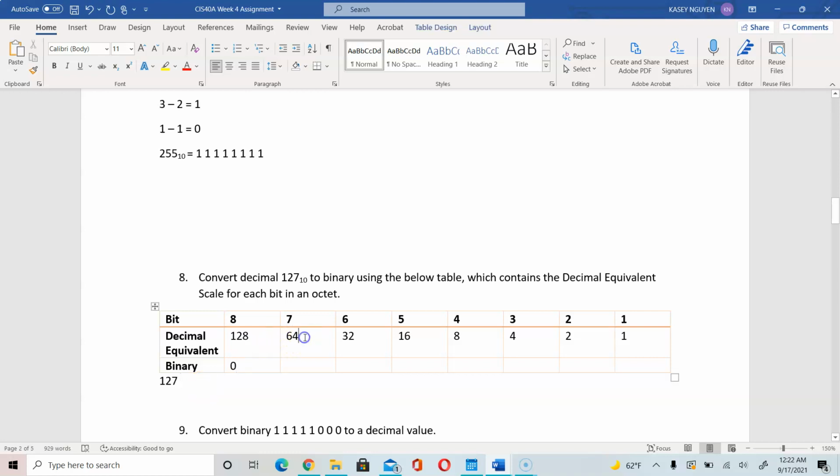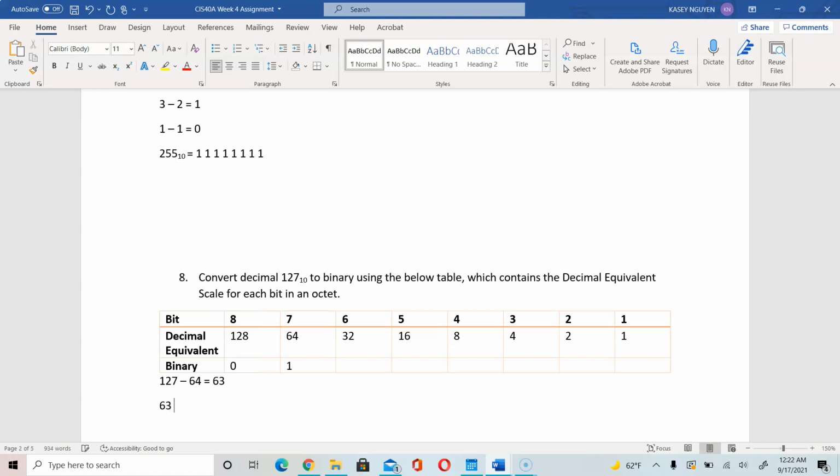The next number we can subtract is 64, so we can put minus 64, and as you subtract that, you will put a 1 there. So that will give us 63. Then the next number is 32. You would take 63 as our remainder.